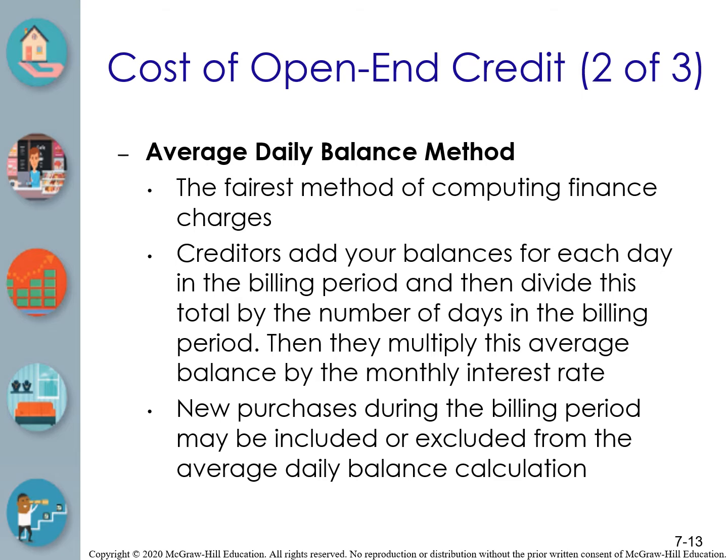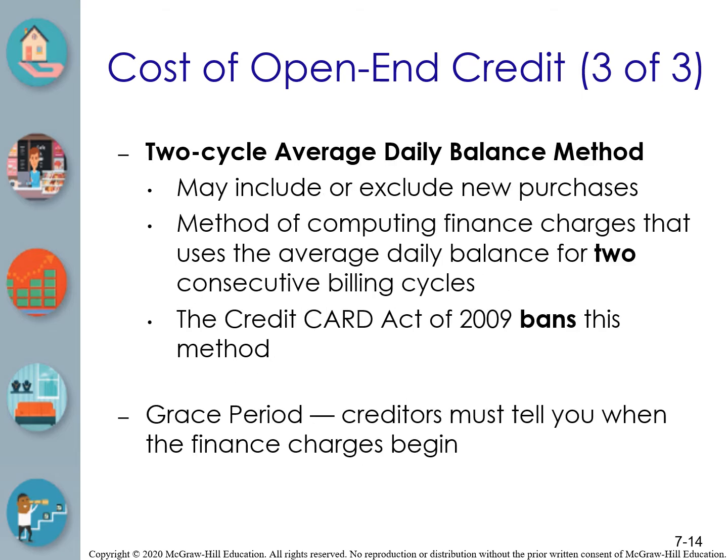All right, so the last piece we're looking at is the 2-cycle average daily balance method. This gets into great detail, if you will, so far as how that interest is calculated. We have to be very, very much aware of this when we're looking at credit cards.